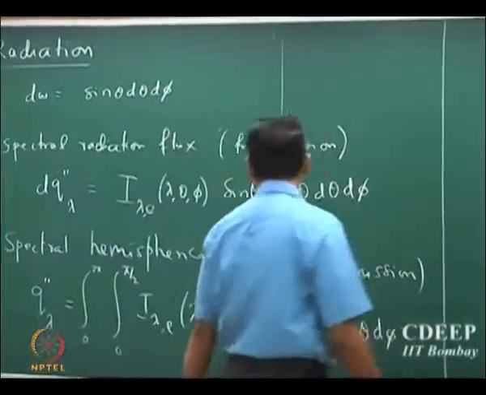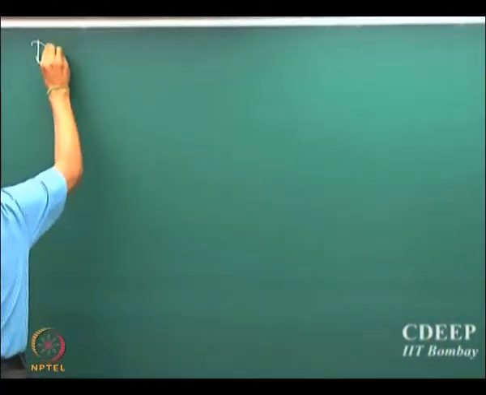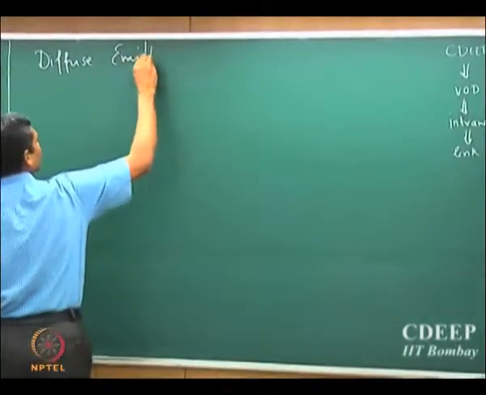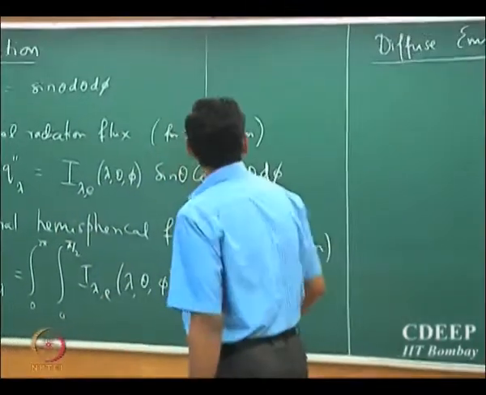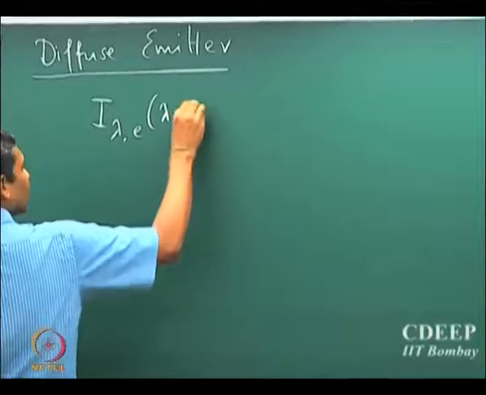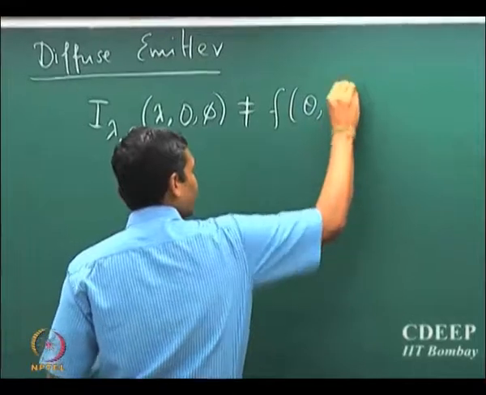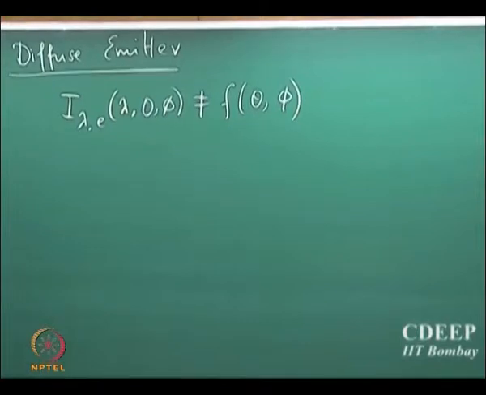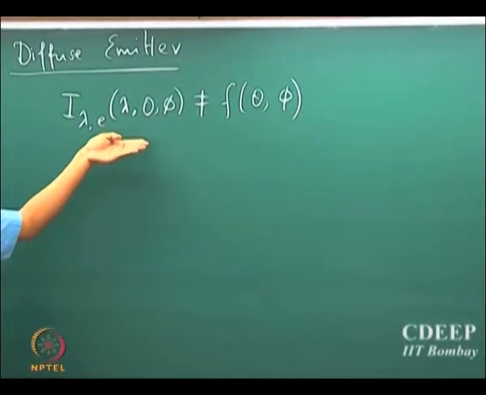So, now we need to introduce a new definition. Supposing the surface is a diffuse emitter, okay. Diffuse emitter means that the intensity of emission is not a function of the angular direction, which means that in all directions the emission by the surface is going to be uniform, that is, the intensity of emission is independent of the angular position.